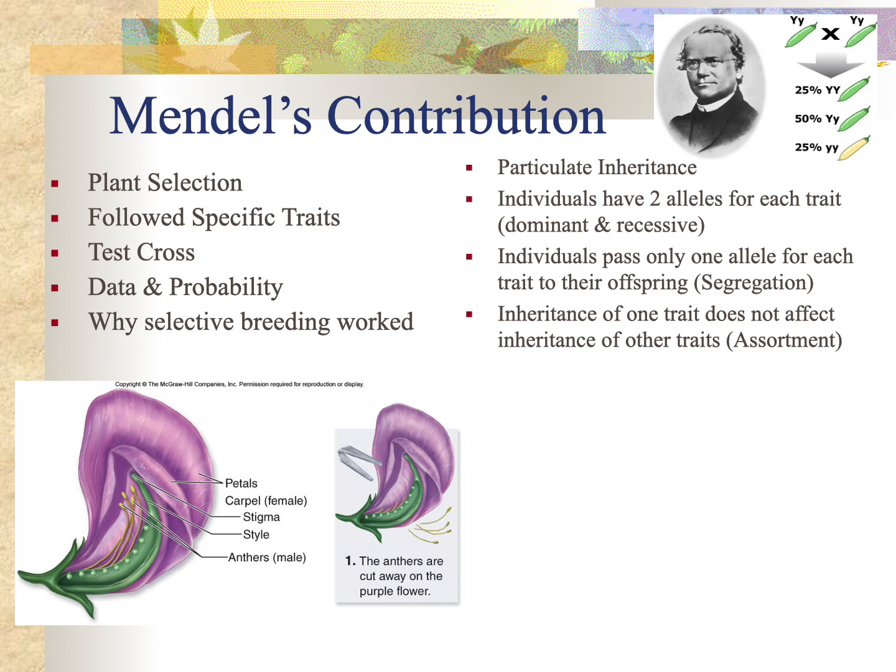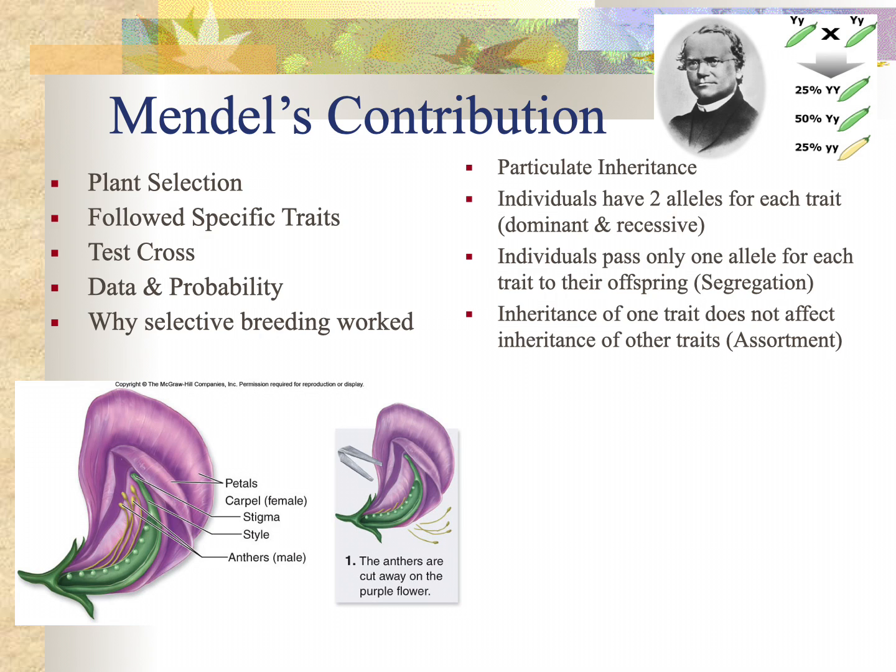From there he concluded that traits were inherited in discrete packets. There was no blending of information. Individuals had 2 packets, or 2 alleles, that they received from their parents, one from each parent for every trait, and these could come in a dominant or a recessive form.